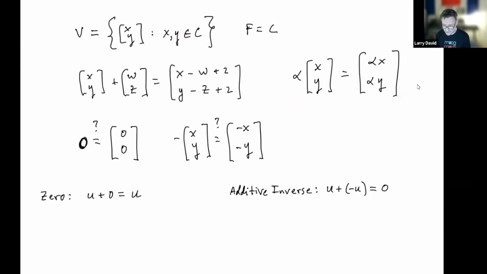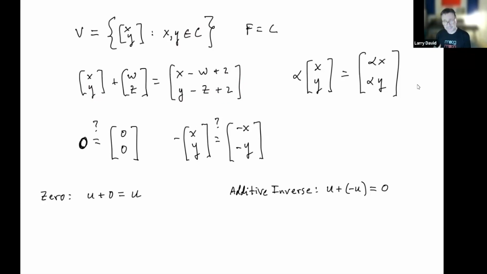The only thing that we're going to change is the definition of vector addition. And instead of adding components, we're going to subtract x minus w and then add a 2. I just chose that arbitrarily for this example. And the second component is going to be the difference of the entries in each vector, also plus 2.